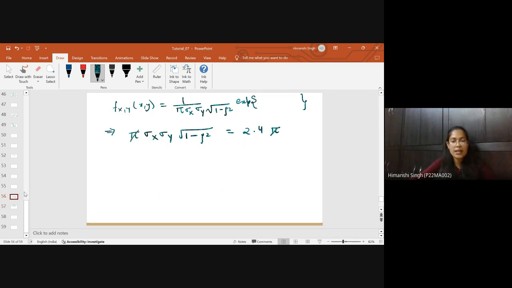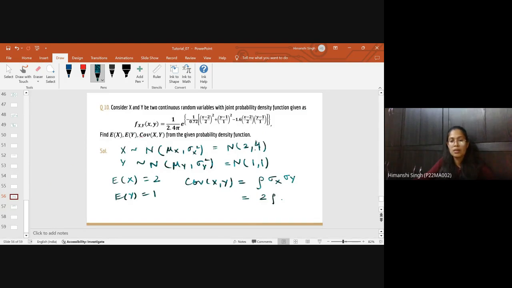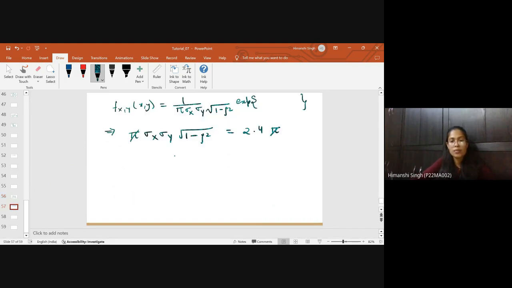And what is sigma x here? Sigma x is 2 and sigma y is 1, so it will be 2 under root of 1 minus rho square equals 2.4. So 1 minus rho square is equal to 1.2 whole square. So we have sigma x and sigma y equal to 2.